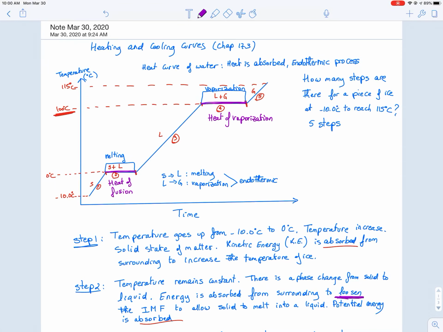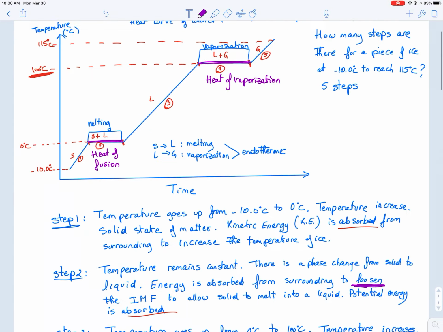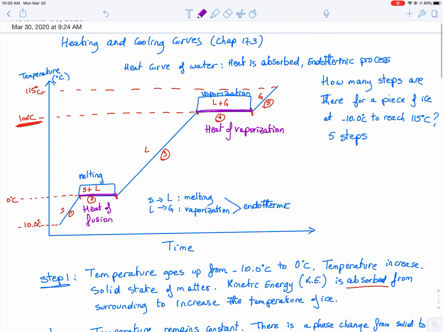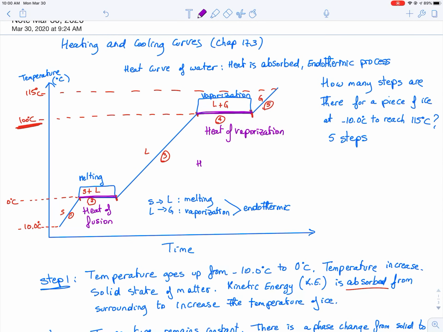And because you require more energy to break down completely all the intermolecular forces than loosening them, we can say that the heat of vaporization is greater than the heat of fusion. And this is true for any substance. You need more energy to break down all the intermolecular forces versus just loosening them.